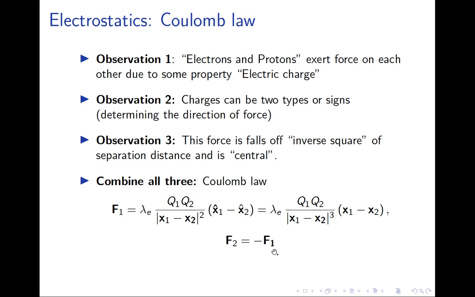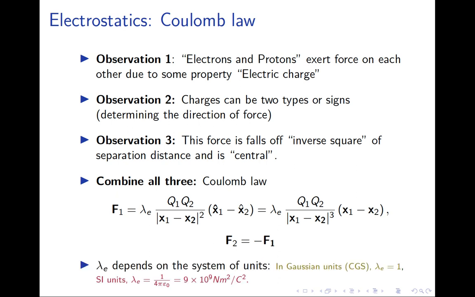Despite appearances, F2 equal to minus F1 should not be thought of as an action-reaction pair, because the action-reaction law doesn't apply to field forces. It only applies to contact forces. For example, if there's a collision, at the point of collision the forces exchanged are an action-reaction pair, because that's a contact force with zero separation.